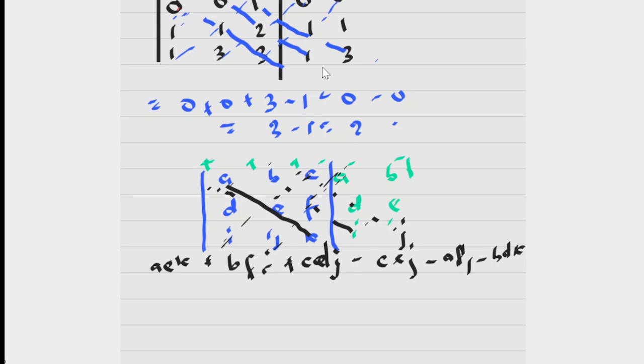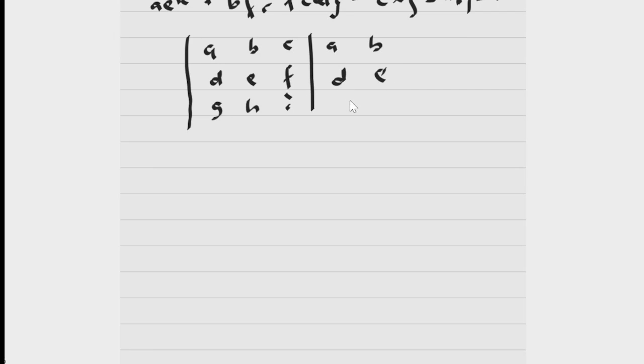You understand now? So this is what I'm trying to say again. Let us write it clearly. You have your A, B, C, D, E, F, G, H, I. Don't stress yourself. Just copy the first two columns, A, B, D, E, G, H. Then immediately you are done with that, just take the product along the diagonal like this, like this, like this.